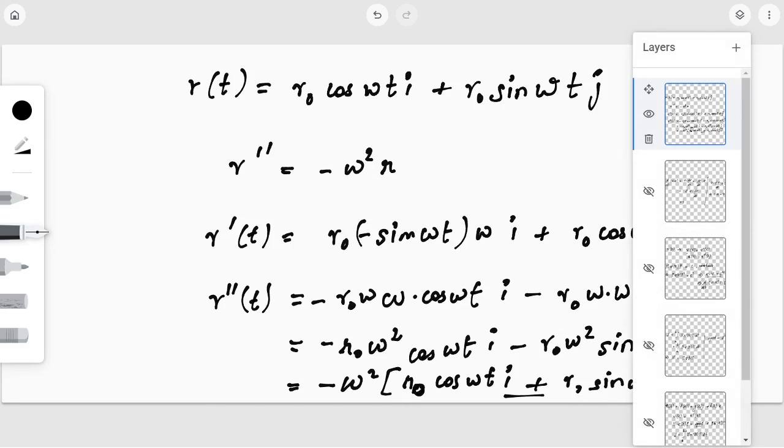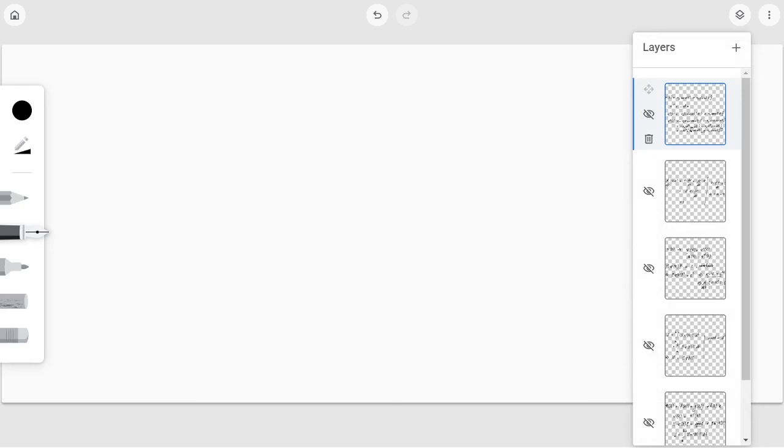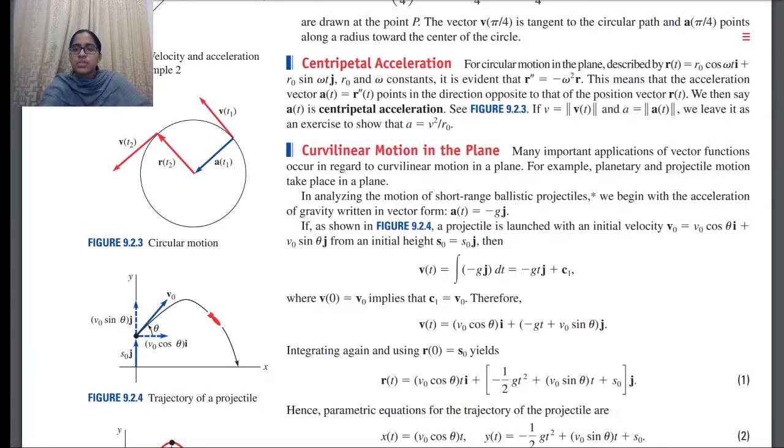So now let us see the definition of centripetal acceleration. It states that if we define a position vector of this form, we have proved that r double dash is minus omega square r.